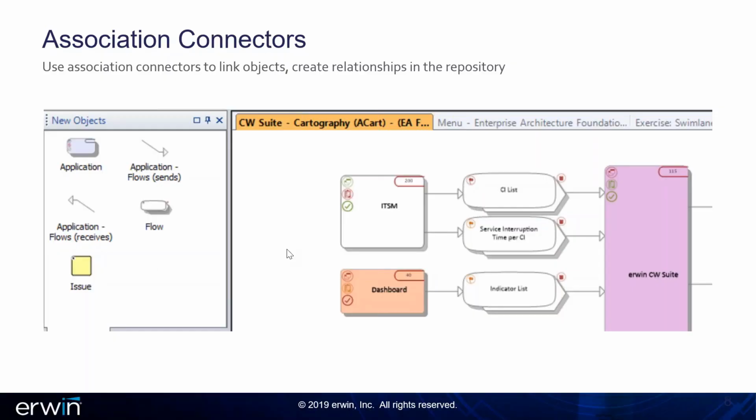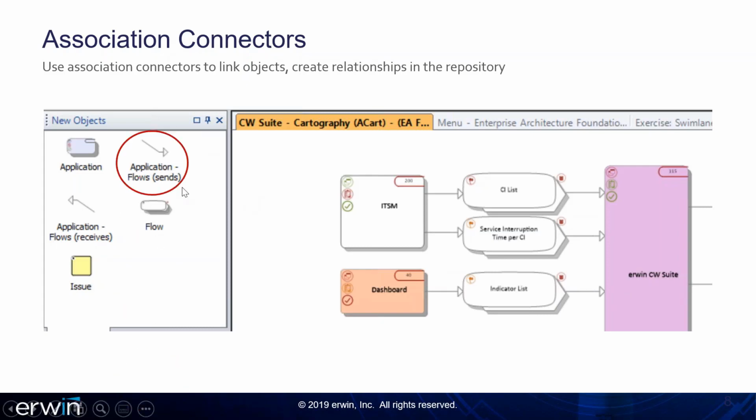Connectors can also exist as association connectors, which allows you to create a relationship between two objects. So we started talking about associations in this module, and associations can be created by dragging an object into a swim lane or also by dragging a special association connector between any two objects.